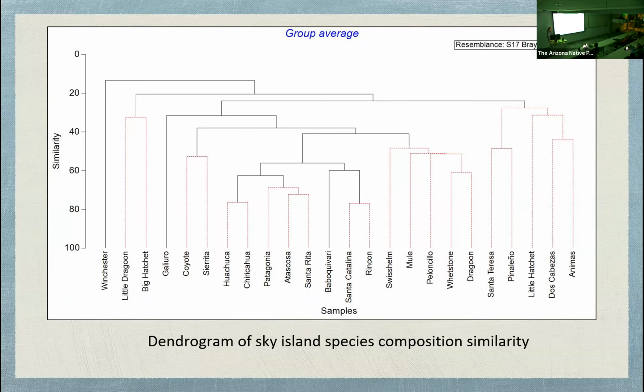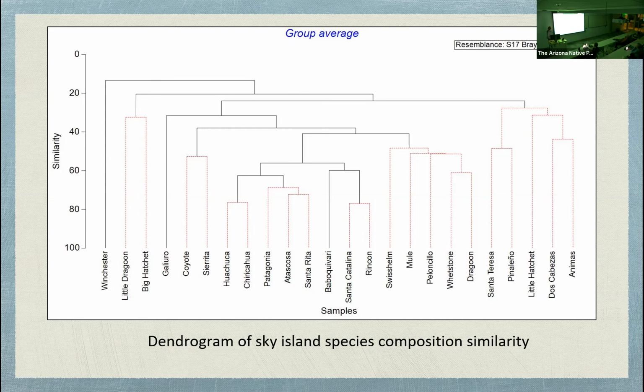And you can see on these trees where there are 2 branches on the tree for some of these, like for instance, we have Huachuca and Chiricahua. And if you look to the left, they are really similar. So the subtropical species composition is about 76% similar in Huachuca and Chiricahua. That's kind of what you're looking at in this chart.